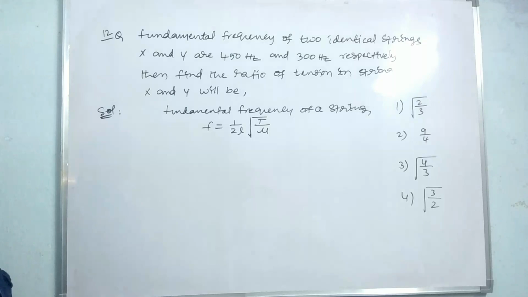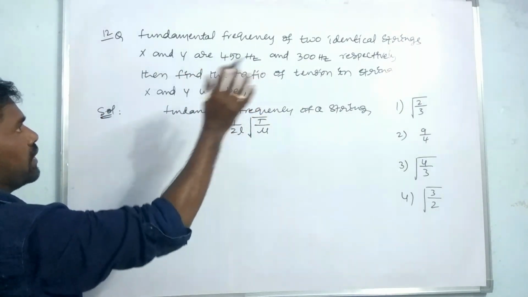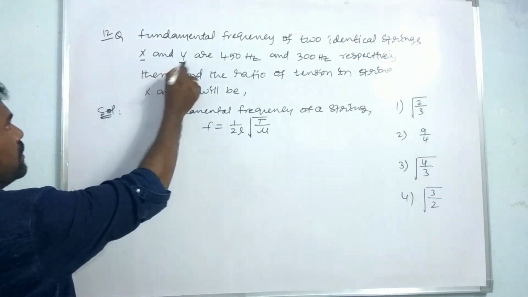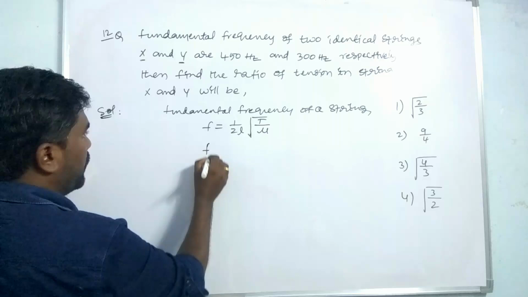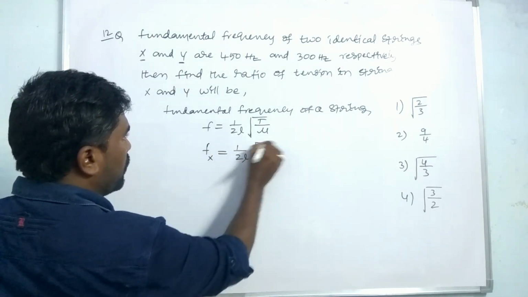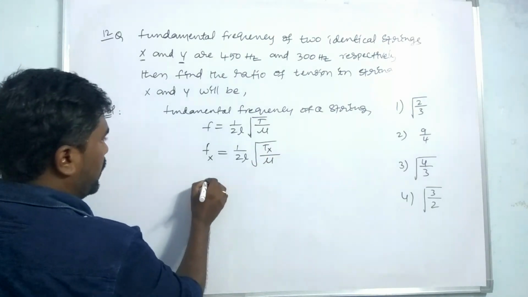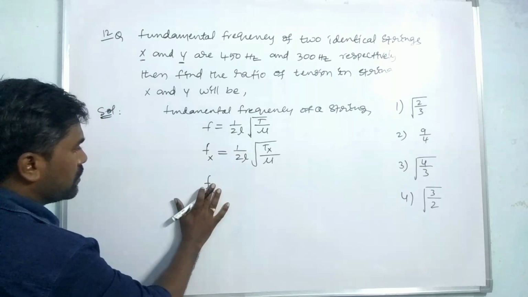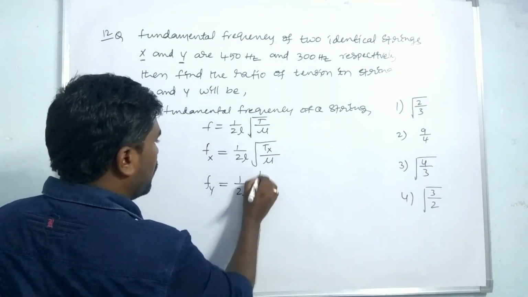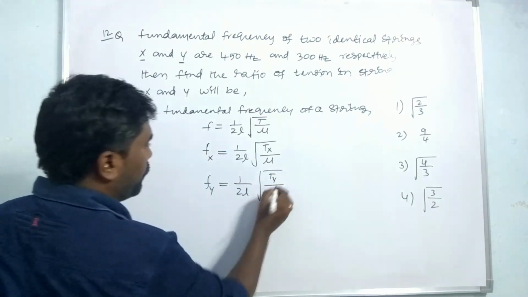Here there are two identical strings, x and y. The fundamental frequency of x is equal to 1 by 2L under root of tension in x by mu, and the fundamental frequency of the string y is equal to 1 by 2L under root of Ty by mu.